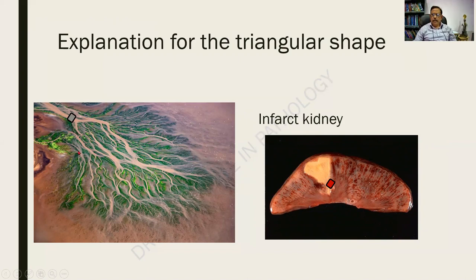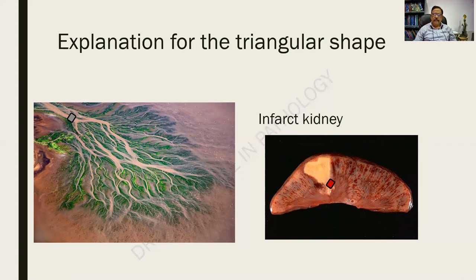So also, in any parenchymal organ, there will be a major blood vessel from which there are branches and rebranches, producing a roughly triangular area of supply. And when the apex is obstructed, all these are without any flow of blood, and there is an infarct.